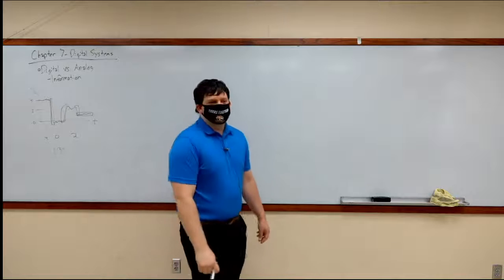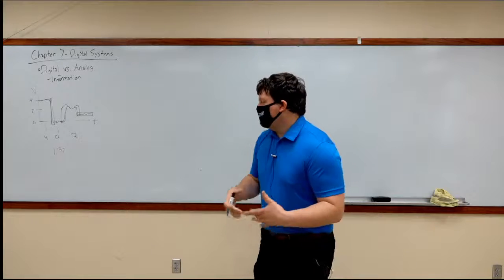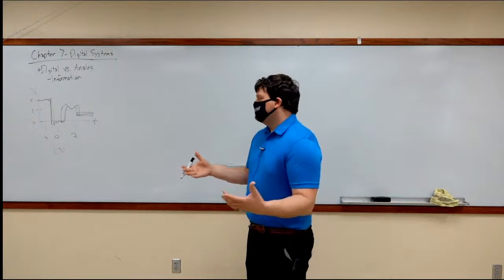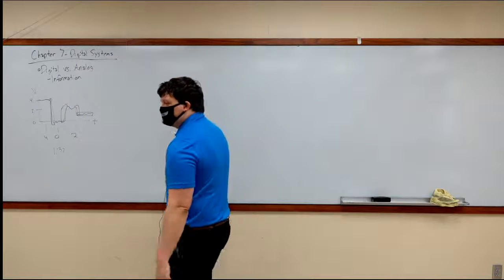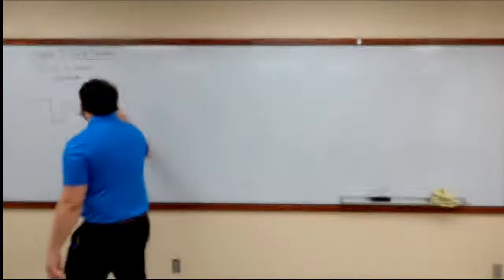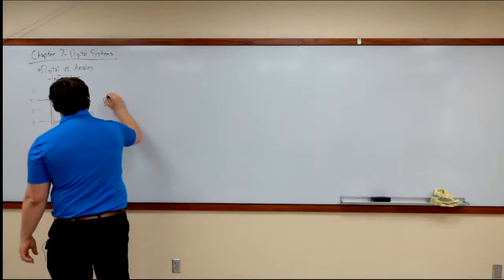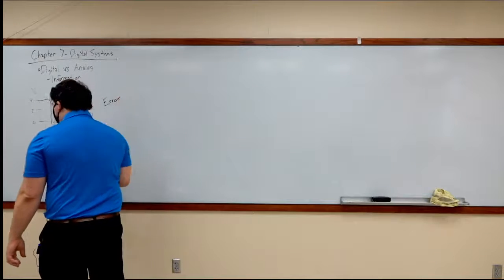If I were to try to convey those numbers using this, what we're used to seeing, voltage versus time plots, what you get is you begin to deal with a significant amount of error.